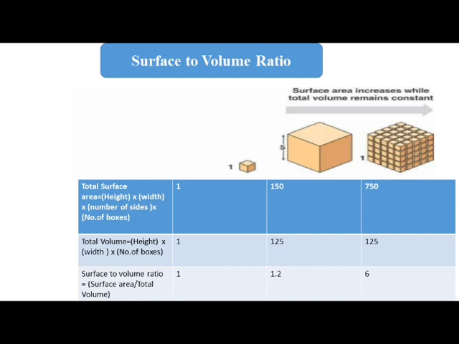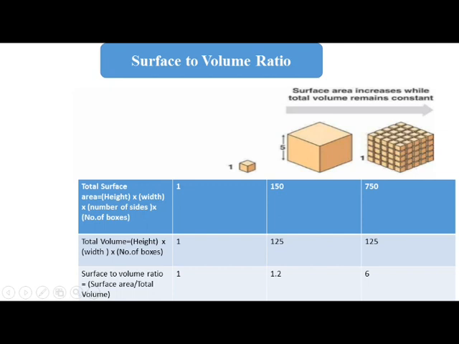And in the third case, where we have 125 cubes, the surface area is calculated as 5 into 5 into 5 into 6, which is 750. The total volume for the first case is 1, for the second case it is 125, and for the third case, where we have 125 cubes, the total volume is again 125.